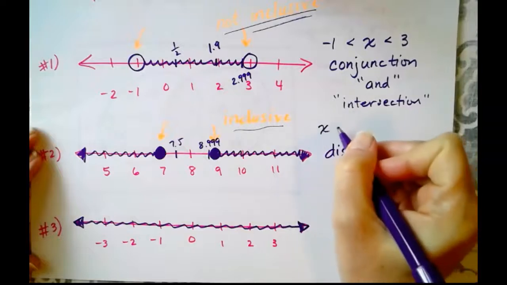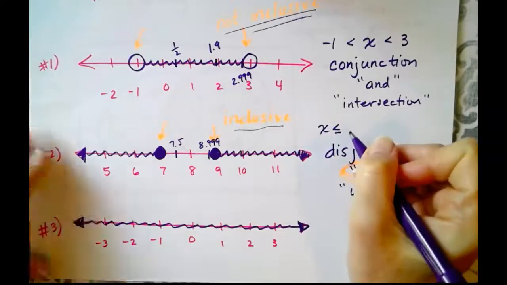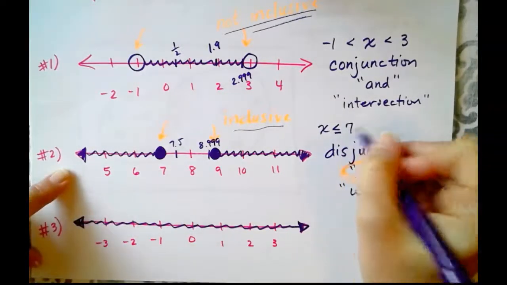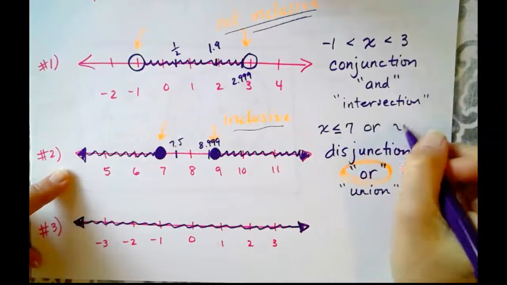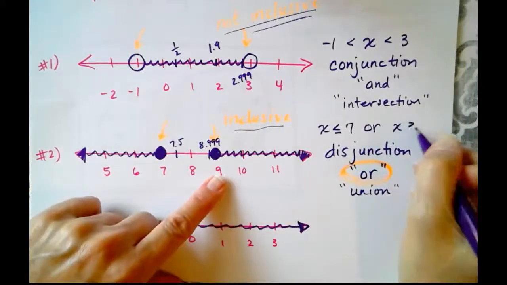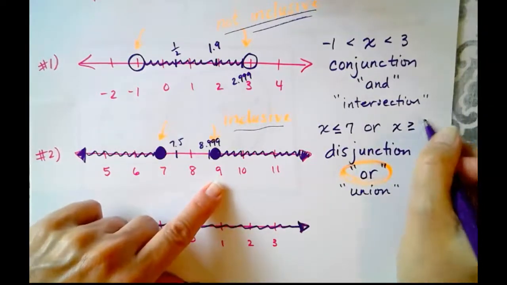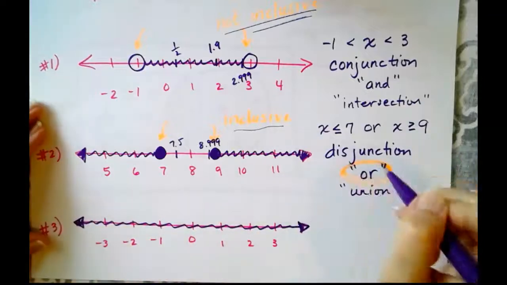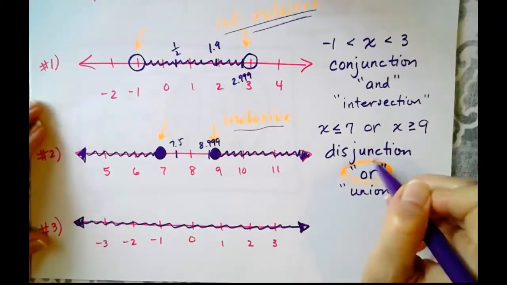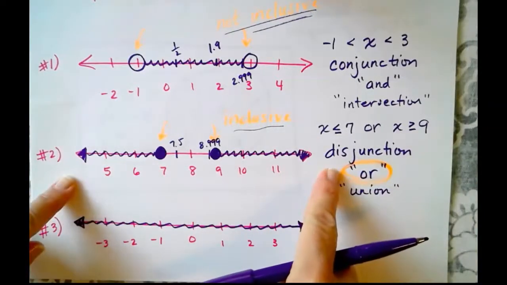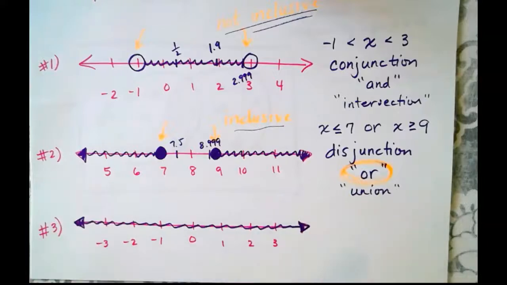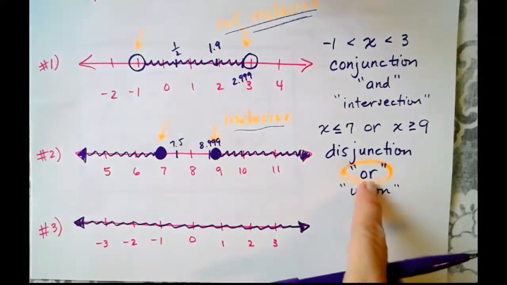So x is less than or equal to 7, or x is greater than or equal to 9. This is a disjunction of two sets. When the sets are disjoined and going in opposite directions, it is a union, and we use the word or.